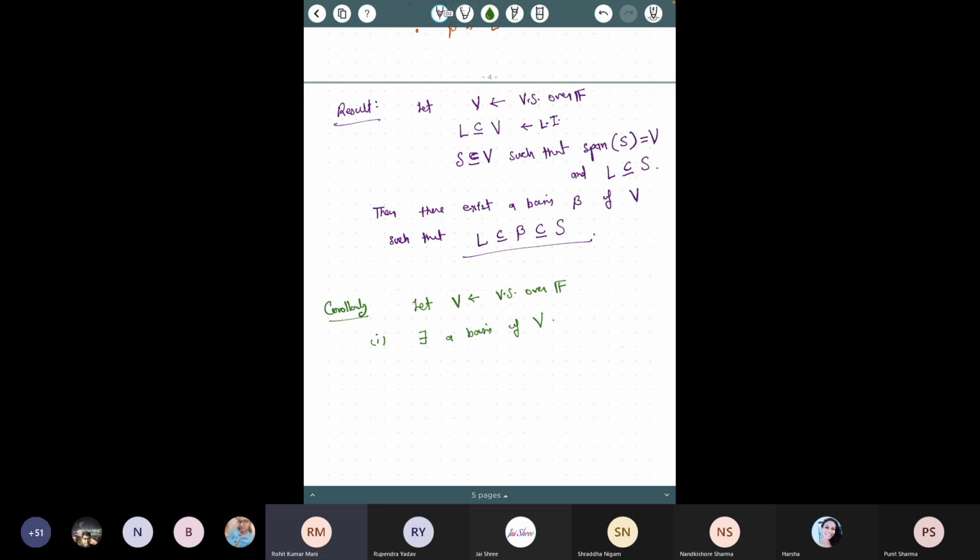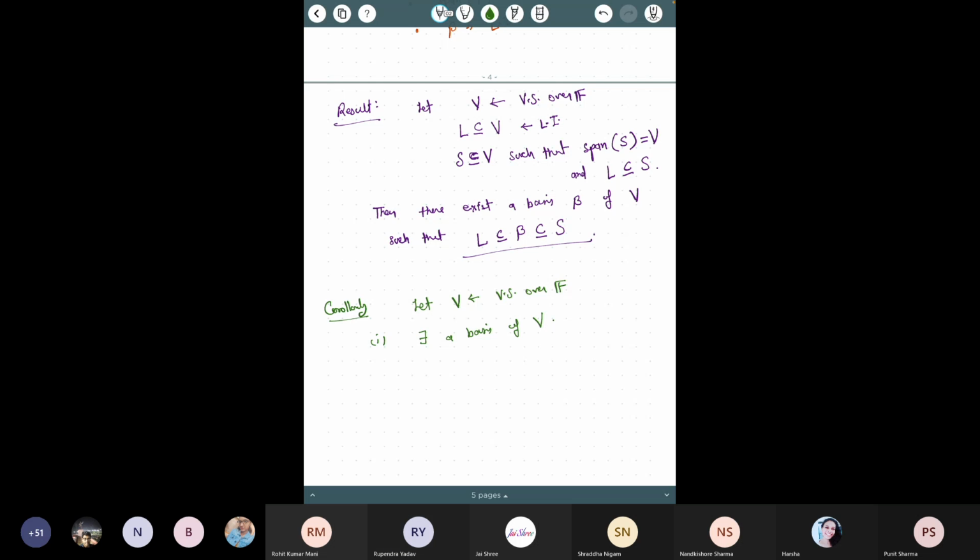Sir, then it is going to be the empty set only. So you'll have to say that for the zero space it is a different argument, and for a non-zero space it's a different one. Yes, fine, sir.